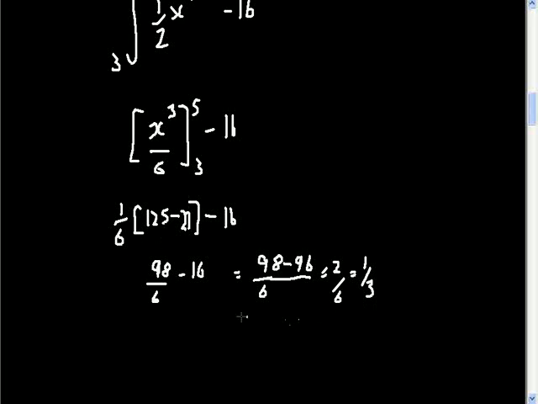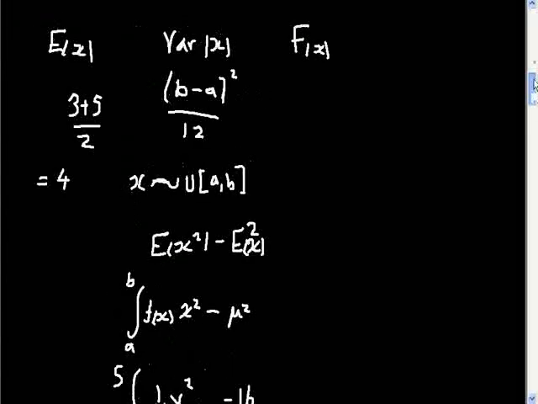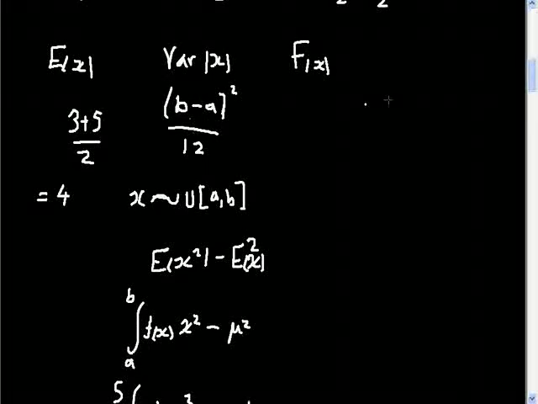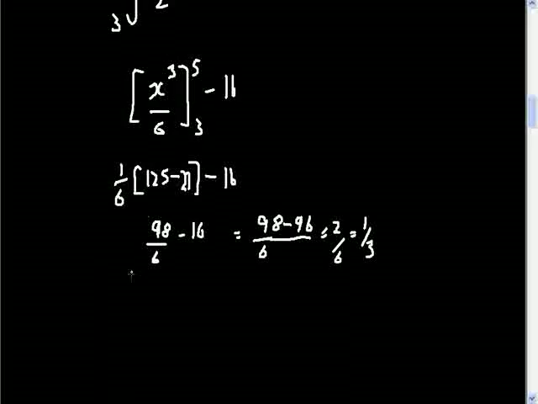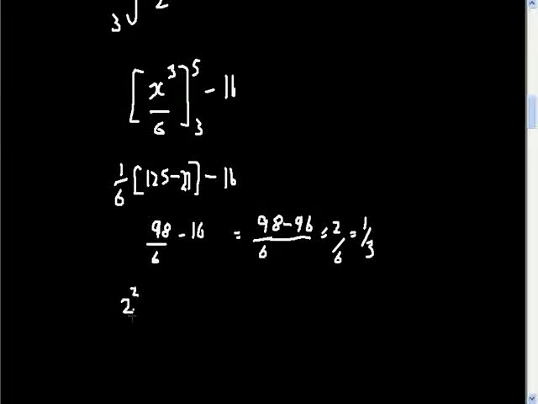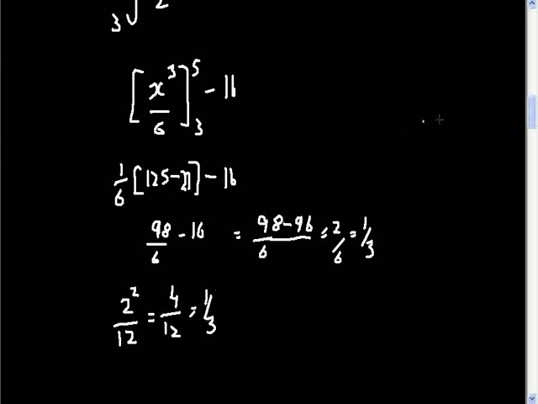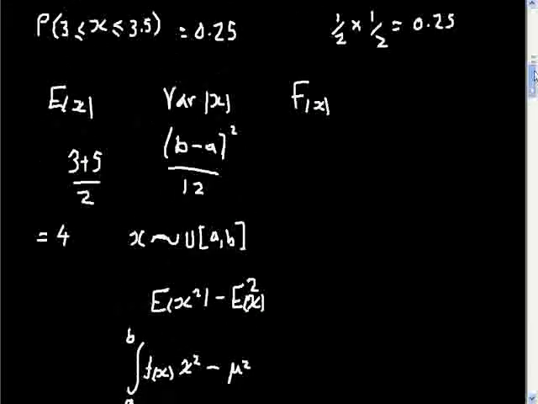This is the result that I get when I integrate. If I use the standard result, I'd get the same answer, because that's 5 minus 3, which is 2 squared over 12. 2 squared over 12 is 4 by 12, which is also a third. So you get the same result.